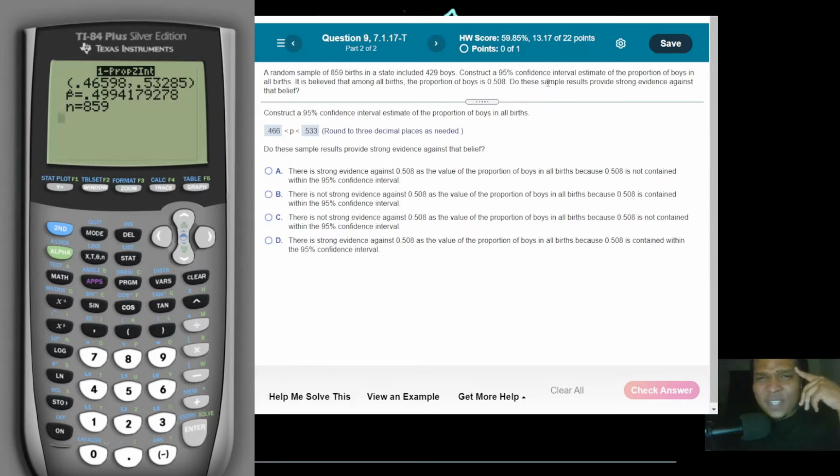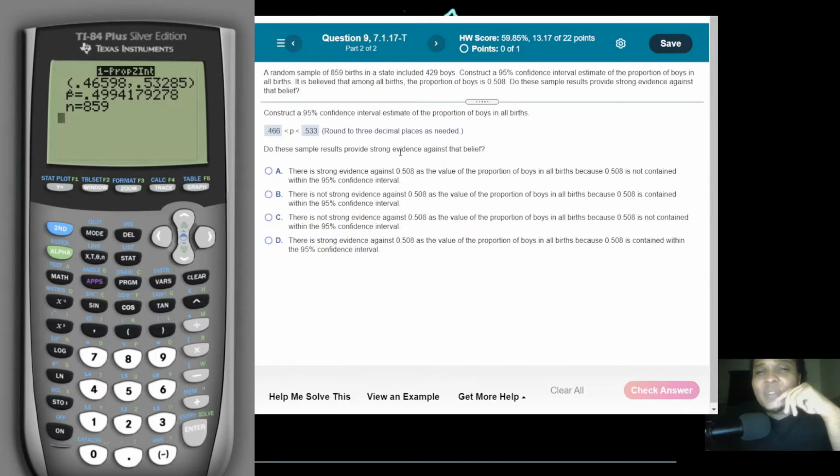A random sample. It is believed that among all births, the proportion of boys is 0.508. Okay, our p-hat is 0.499. So, is 0.508 in between the interval that we just found? Yes.